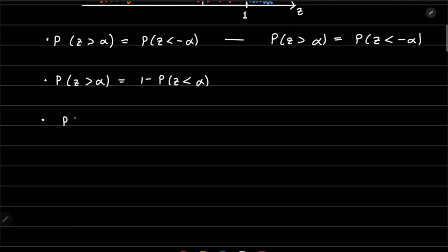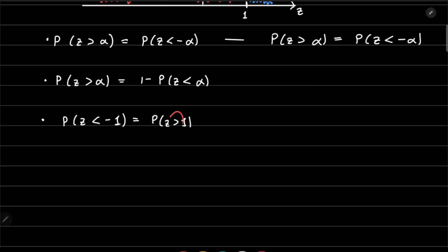So if I have to find the probability of z less than minus 3 or minus 1.0, we don't have negative values on the normal distribution table that we have seen. It starts from 0. So if I have a negative value such as -1, I cannot find this directly from the table. But we know that the probability of z less than minus alpha, so the probability of z less than -1, will be the probability of z greater than 1.